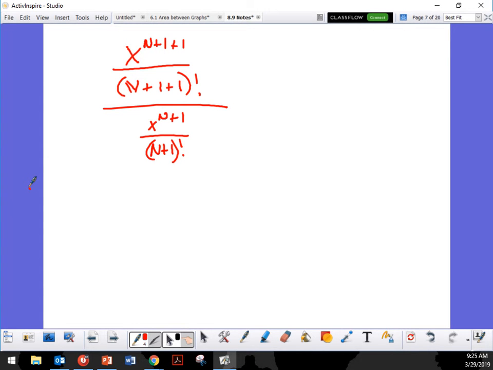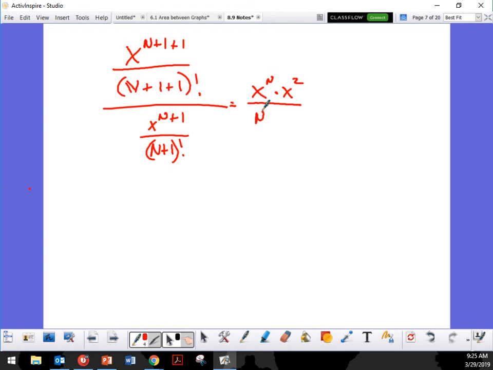Computer's not liking me today. So this is basically n plus 2, right? On top, so I have n plus 2. So I'm going to rewrite it out, so it's going to be x to the n times x to the 2 over n plus 2, right?